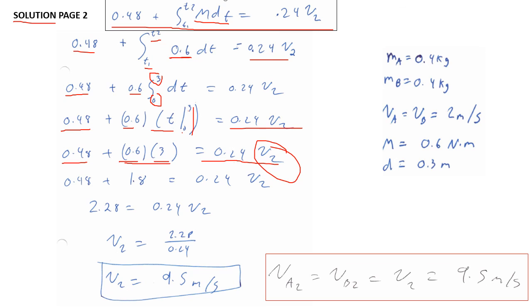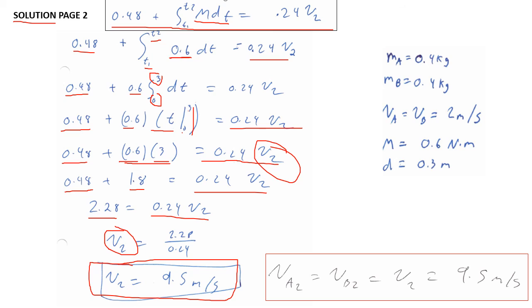Our 0.6 times our 0.3 becomes 0.18, so we have 0.48 plus 0.18 is equal to 0.24 v2. Simplify down a little more: 0.66 is equal to 0.24 v2. Solving for v2, v2 is 0.66 over 0.24, or v2 is equal to 2.75 meters per second. We know that our v_A2 is equal to v_B2, which is exactly what we called our v2. Those are both equal, we've got the same velocity, equal to 2.75 meters per second.